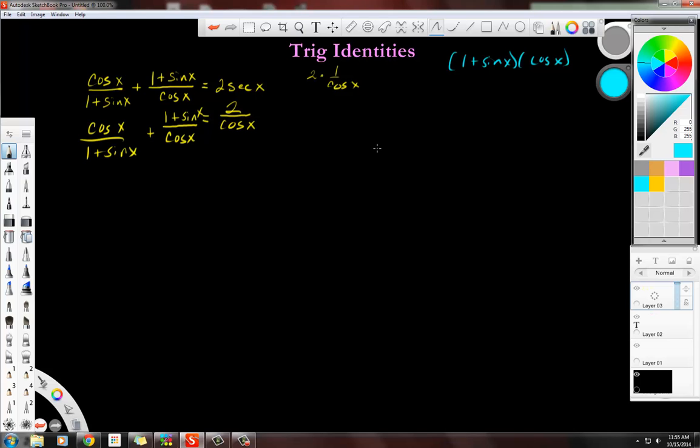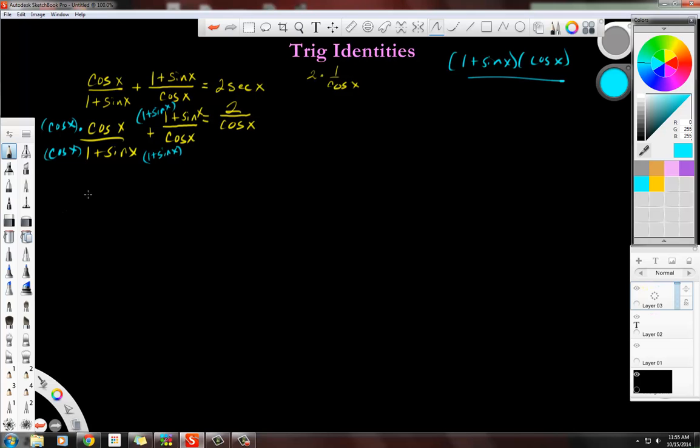So if I'm doing that, I need to multiply this first fraction by the cosine of x on the top and bottom. And this one, I need to multiply it by 1 plus sine of x, top and bottom. And then that is going to make both denominators equal to this right here.